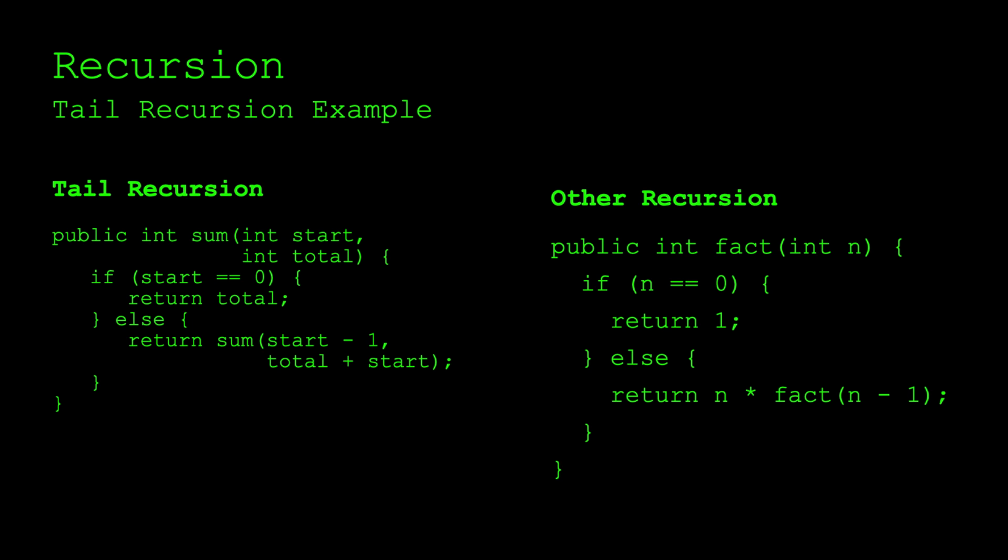It's basically summing down to 0, and I provide a start value to start at and a running total. When it hits 0, we return the total, and if it's not hit 0, then you'll recursively call sum(start - 1, total + start). So this is the running total here, and you're saying, okay, I want to sum the previous value, because you're starting at a higher number and working your way down.